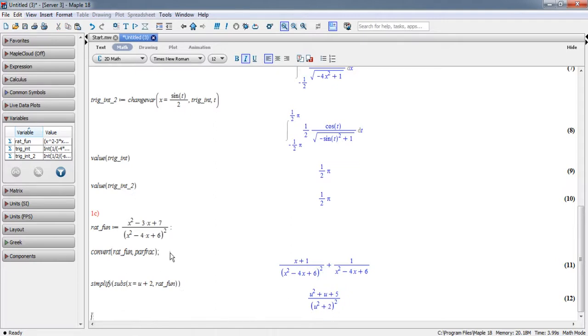A squared happens to be 2 in this case. Okay, so let's say that this now is my second rational function. Okay, and maybe I want to convert that now. Whoops, I should have named that something else. Let's say just 2 there.